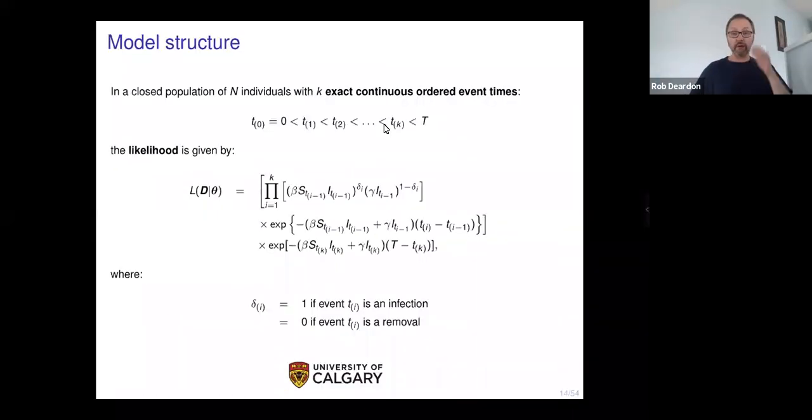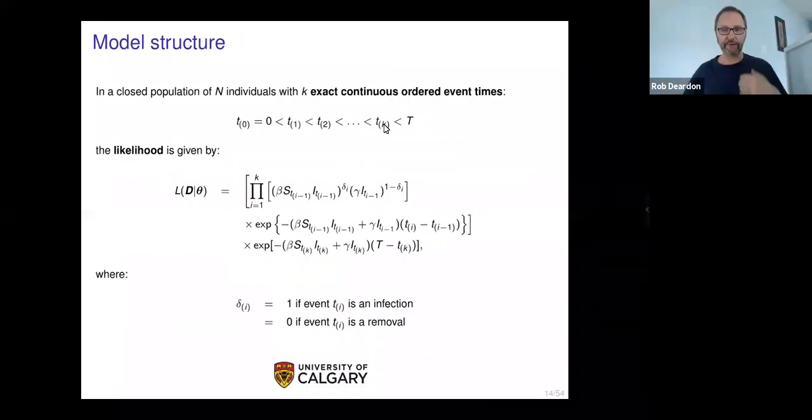All right. So the likelihood, if you write it down, looks like this. We don't need to spend too much time on this, but you can see that it has an exponential type structure, as you'd expect. The data here are defined for this formulation of the likelihood in terms of a series of ordered event times. So T0 is going to be my initial event time, which of course is going to be an infection because you don't get a removal before an infection.